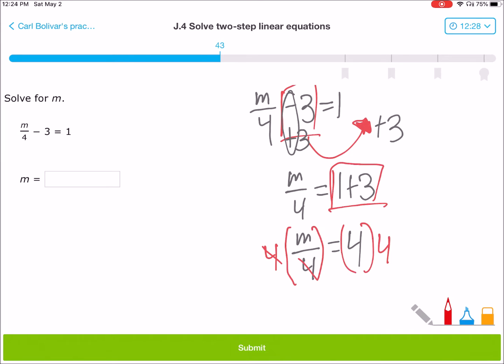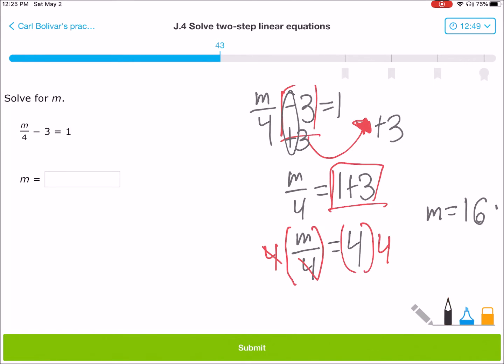We want the m isolated. That's the point of solving these linear equations. You want the variable isolated so that you can find the true value of that variable. So then this will give you m is equal to 4 times 4, which is 16.